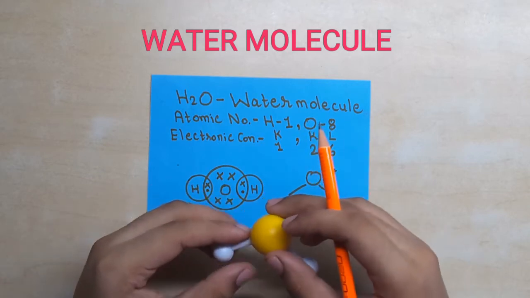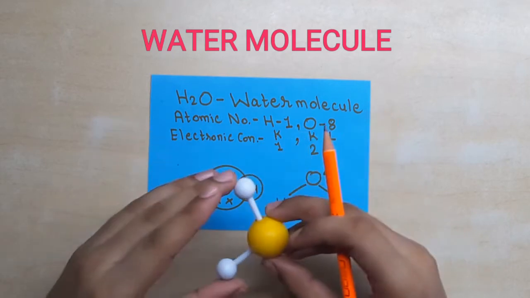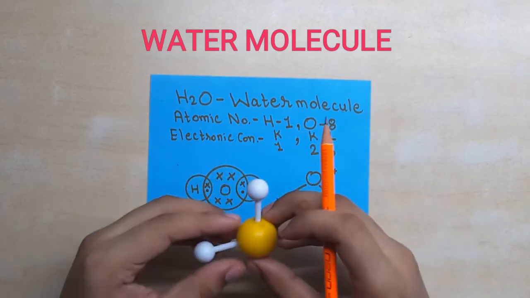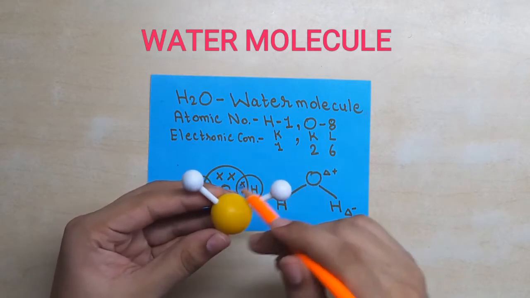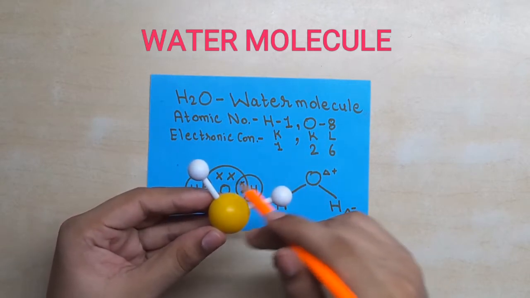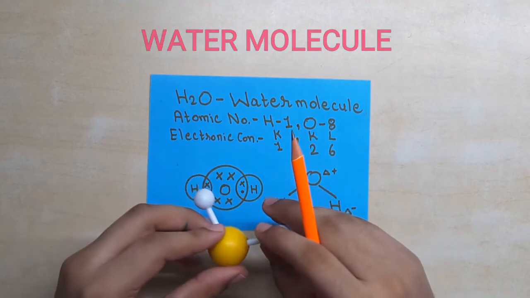So due to this, the hydrogens are shifted below. So the bond angle, it means this angle here, is 104.5 degrees instead of 180 degrees.